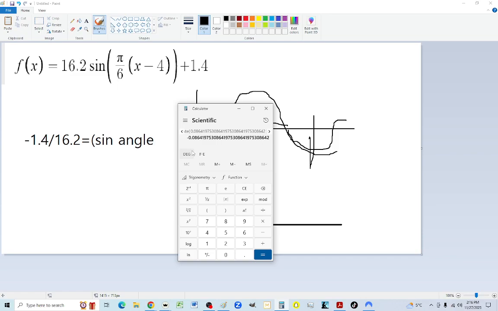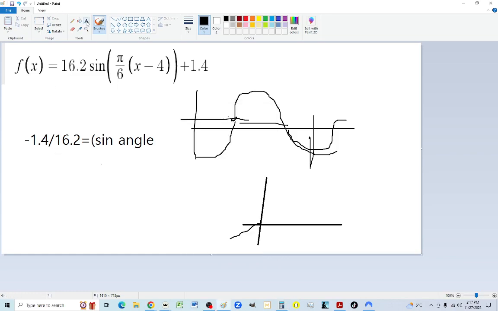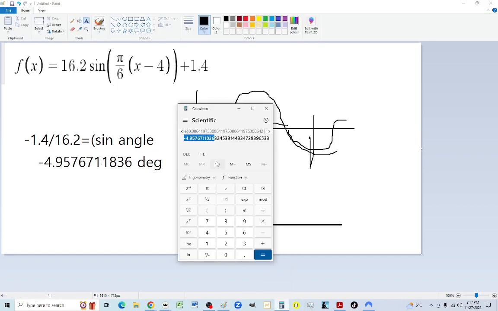So we're going to keep it in degrees first. And our first answer is this many degrees. Oh, it's going to give it in quadrant 4. And it's going to give this answer in radians.